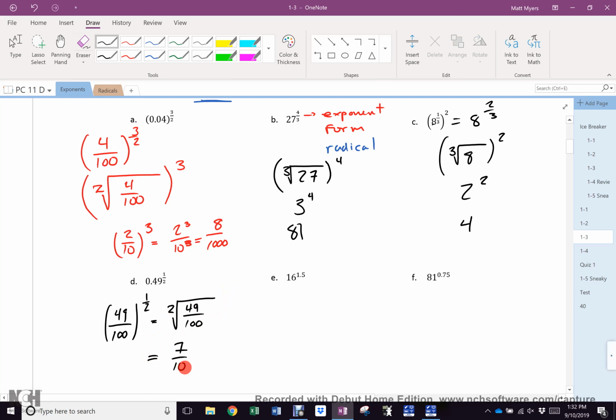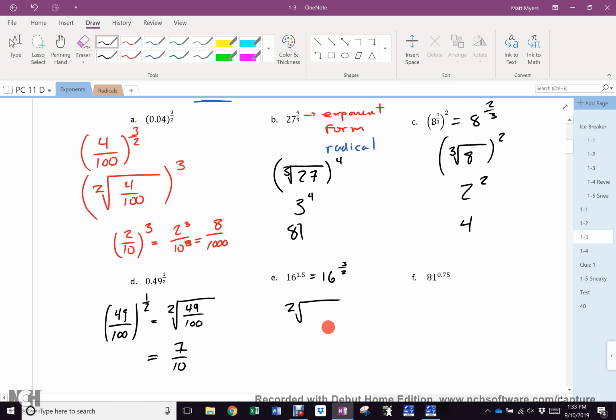What's different about E? The exponent is a decimal, which makes it a mixed number. What is it? It's like 3 over 2. 3 over 2. And now we can do it in our heads, right? Where does the 2 go?